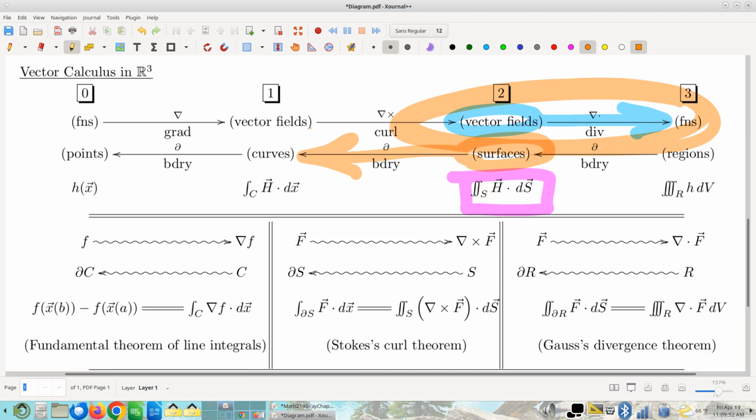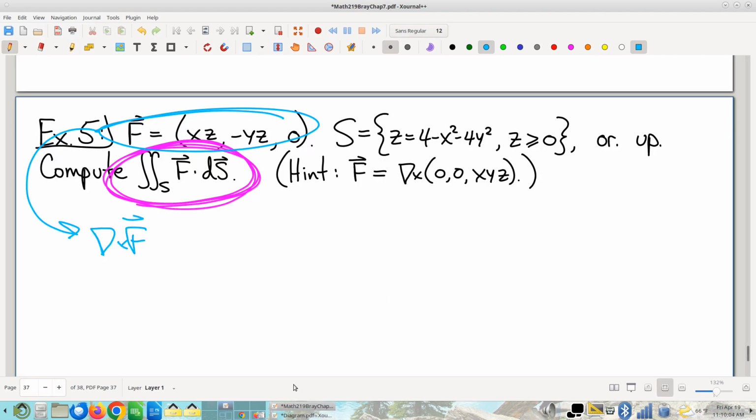I think I've been computing curl a lot for the last few examples. So anyway, follow the diagram. Keep yourself honest. We're computing the divergence. My bad. So the divergence here is 0, as it turns out.